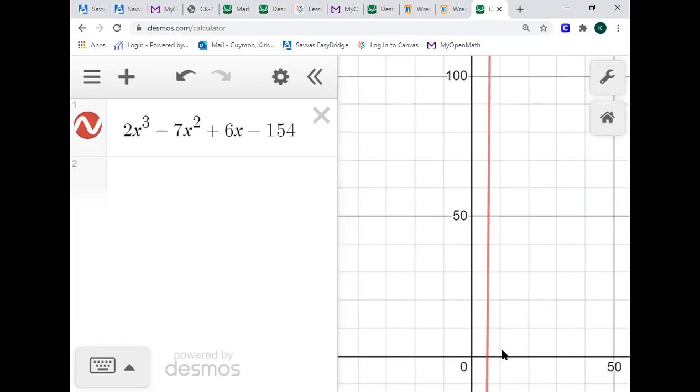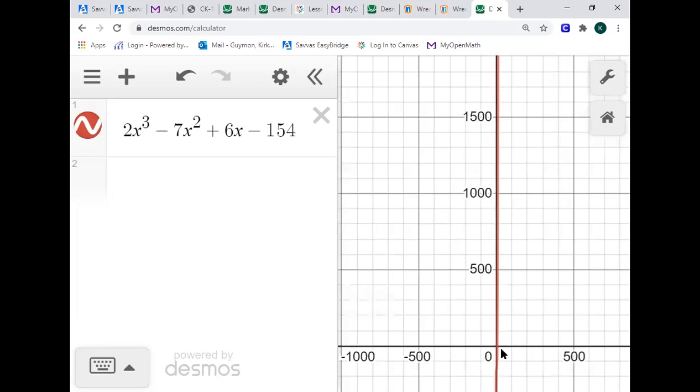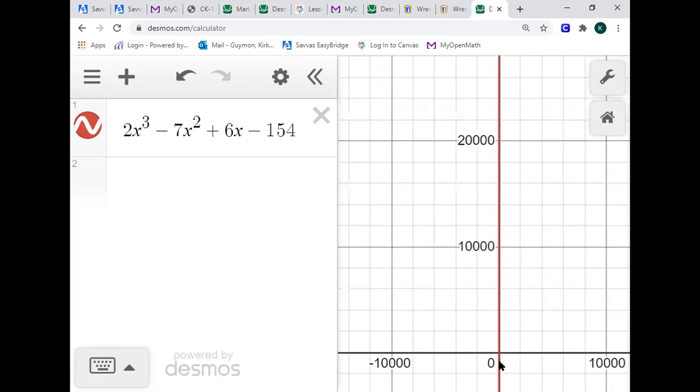Anything else must be like an imaginary root or 0. So if x is 5.5, let's go back over to the problem.